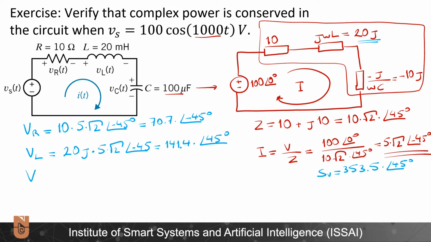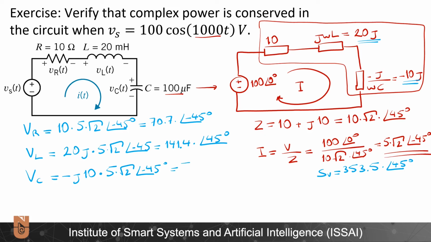And similarly, the voltage phasor for the capacitance will be equal to minus j10 times the current, 5 times square root of 2 at minus 45 degrees, where minus j is minus 90 degrees.